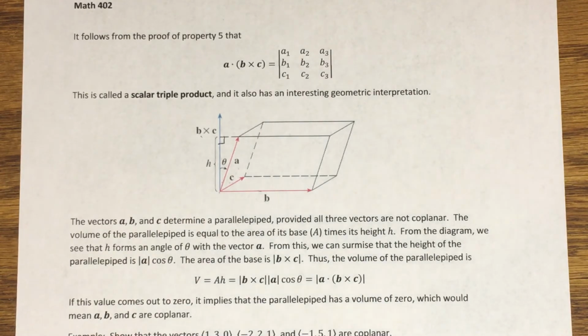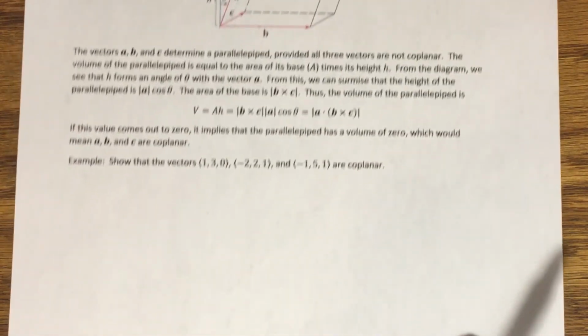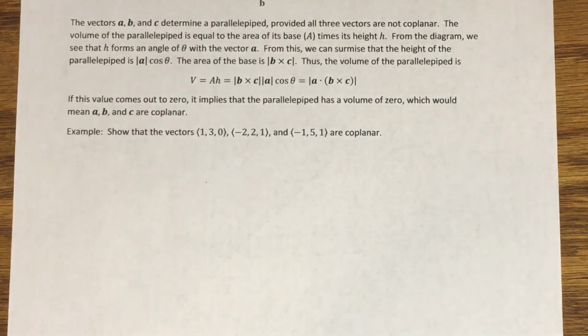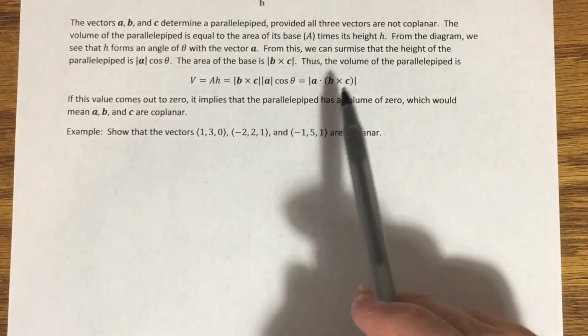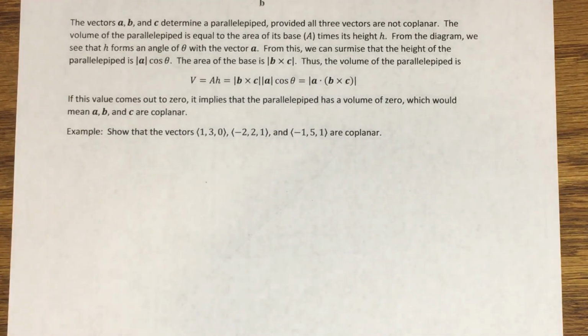That two-dimensional parallelogram would have zero volume. So what does that actually imply? Well, it gives us a technique for determining whether or not three vectors are coplanar. All we need to do is evaluate their scalar triple product. If that comes out to 0, that implies that the volume of that parallelepiped is 0, which could only occur if all three vectors are coplanar.